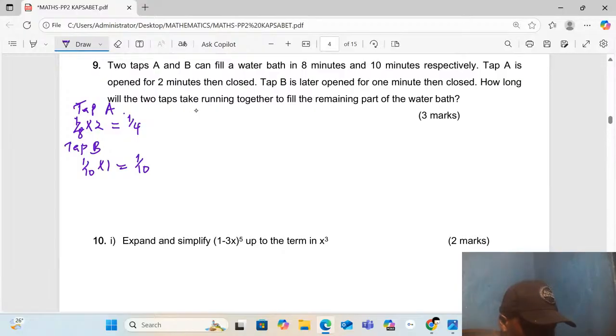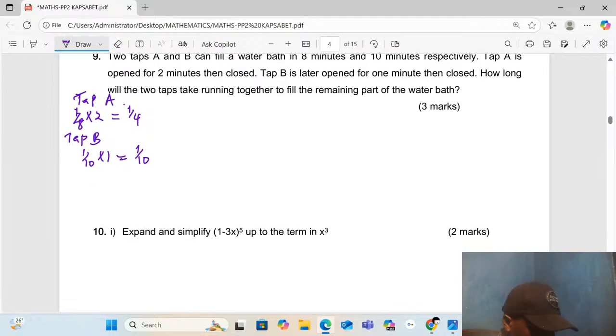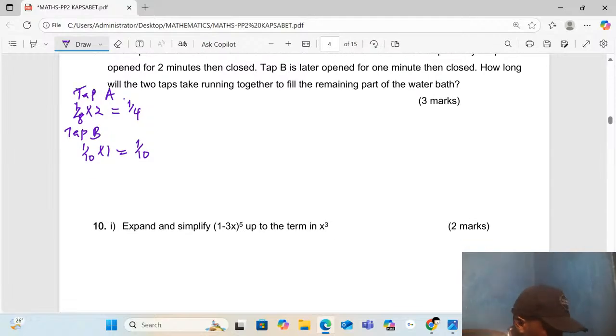So how long will the two taps take running together to fill the remaining? Now we look for the remaining part of the water. So we simply add the two, then we subtract. That is, now we take a quarter plus 1/10. The LCM is 40.